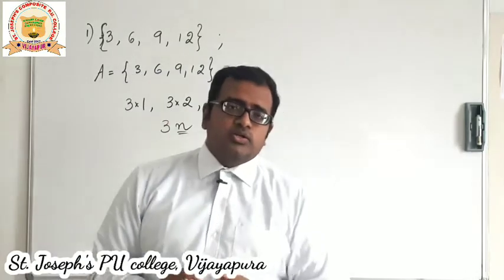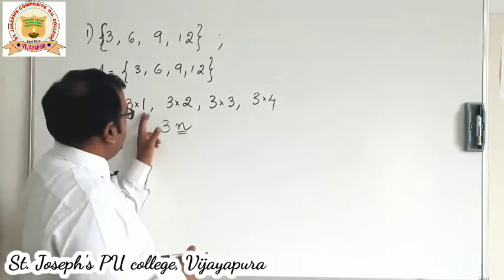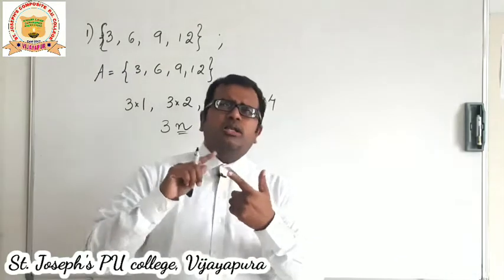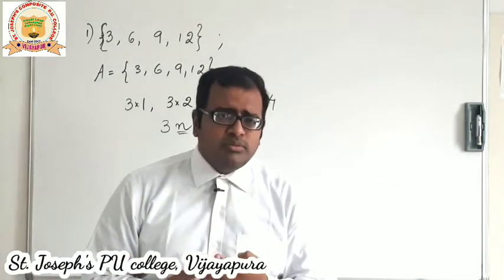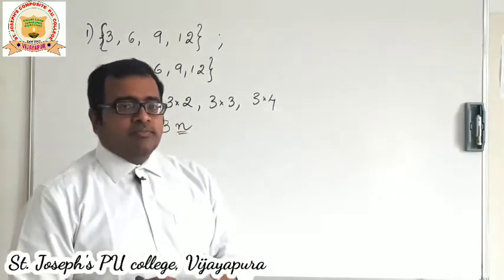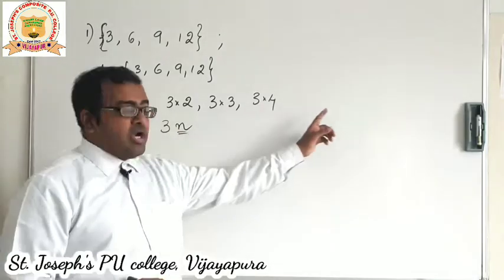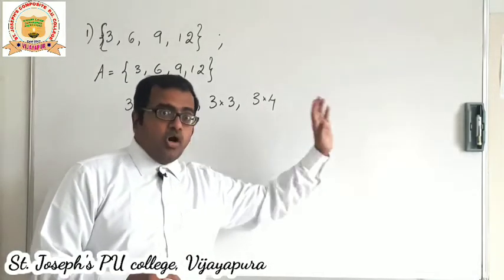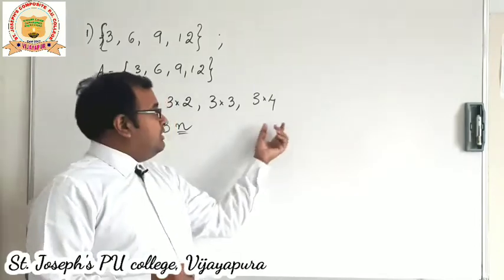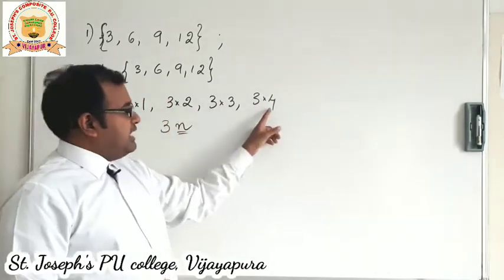What about the values of n? Can they be any number? No, they are strictly 1, 2, 3, 4. Where have you seen those numbers? Natural numbers, right? They are all natural numbers starting from 1, and natural numbers do not have any end. They go on till infinity. So we have those natural numbers which are lesser than or equal to 4.